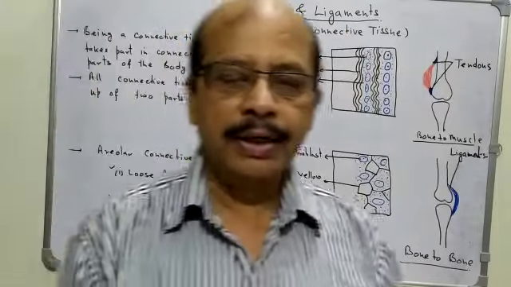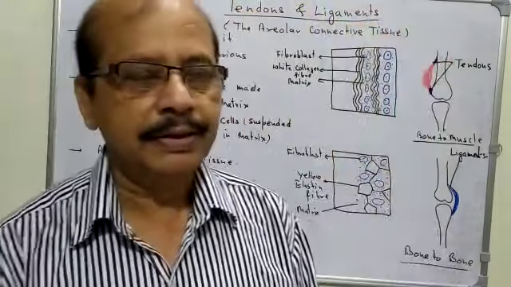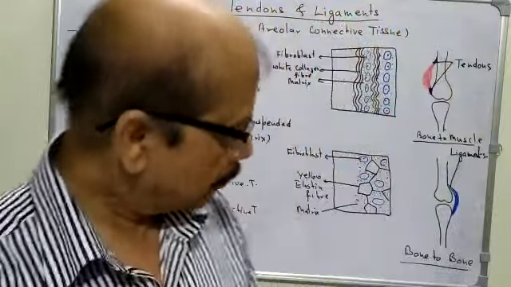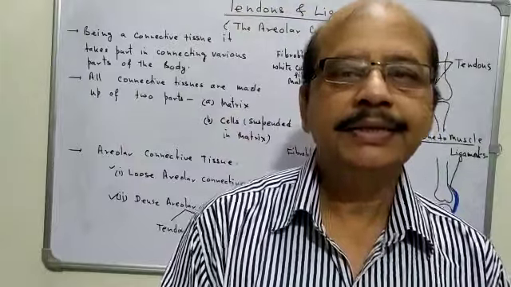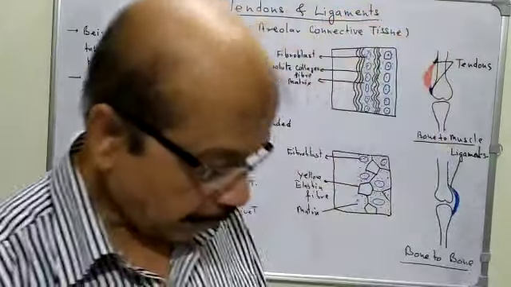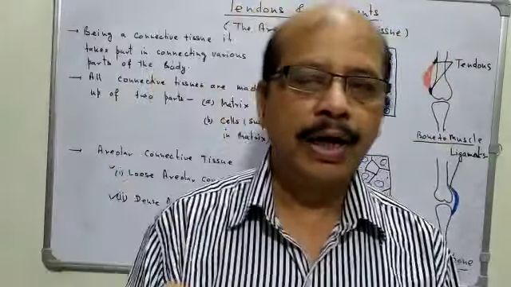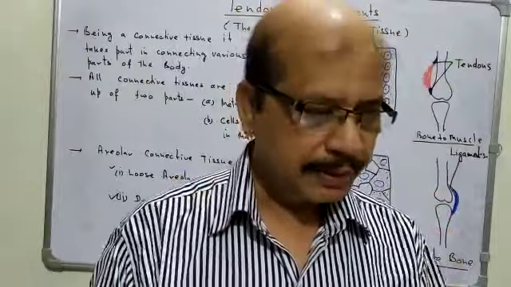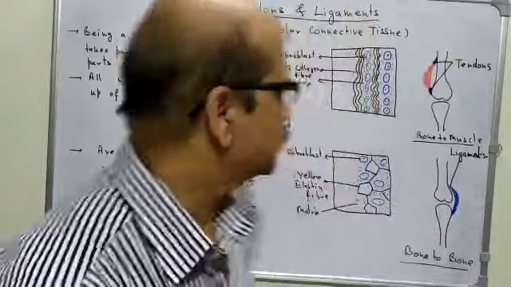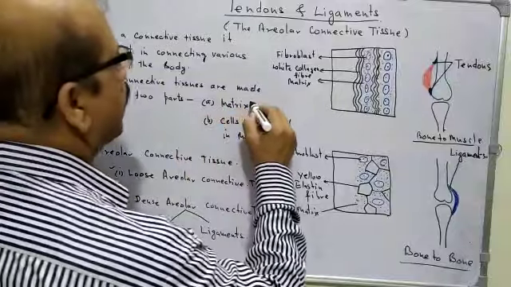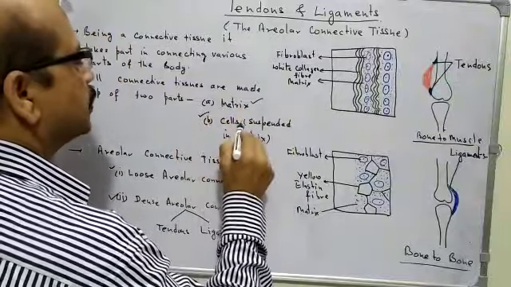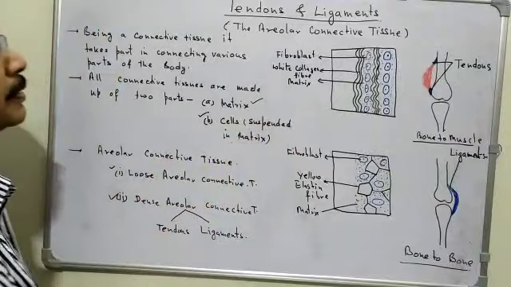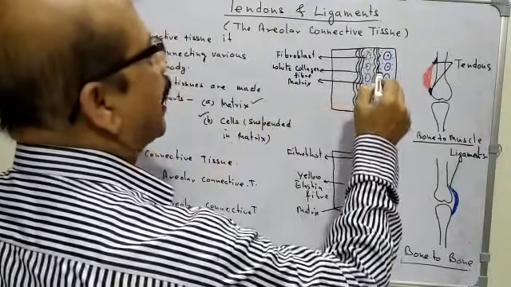About loose areolar connective tissue we will talk in the next separate video, but today we are going to talk about the dense connective tissue. All connective tissue is made up of two parts. First, matrix, and second, cells which are suspended in matrix. Matrix and cells.